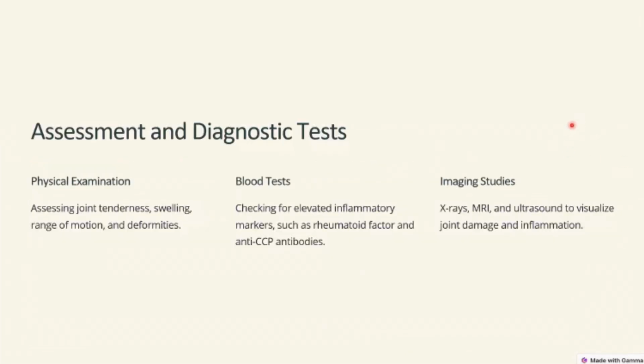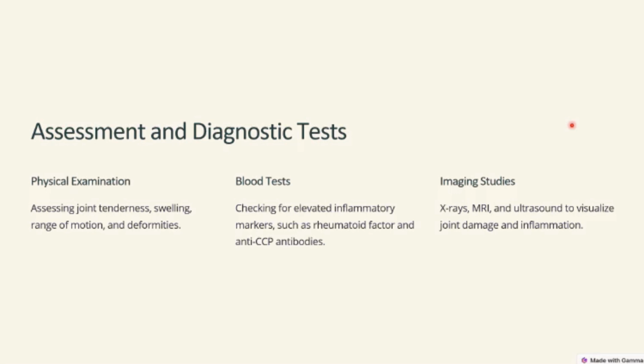Now, how do healthcare providers assess rheumatoid arthritis? The assessment starts with a thorough medical history and physical examination. Symptoms like joint pain, stiffness and swelling are common, especially if they persist for more than 6 weeks.